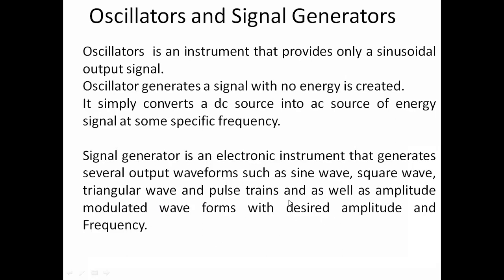We can get different values of amplitude and also different frequencies from a signal generator. Generally we can consider sine wave, square wave, triangular wave, and train of pulses.